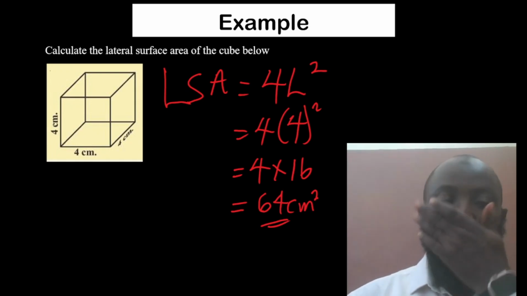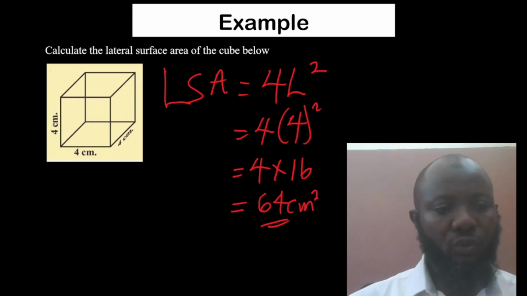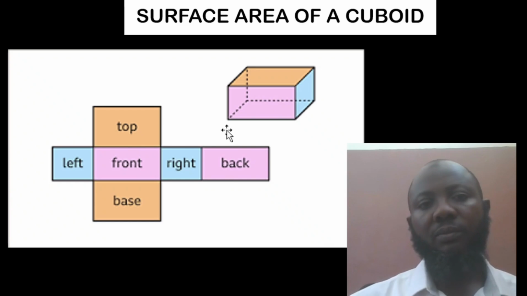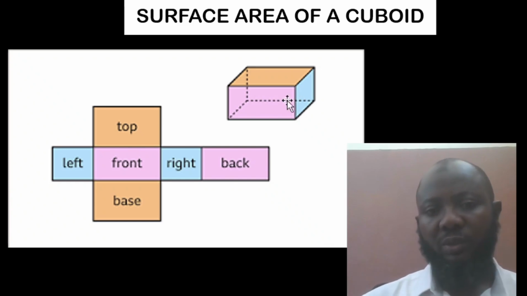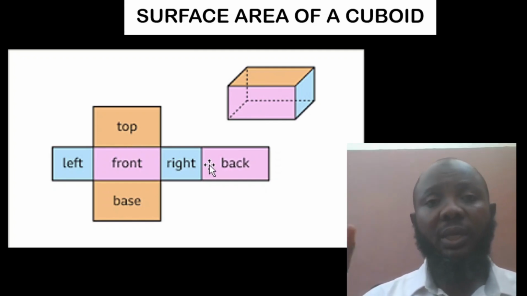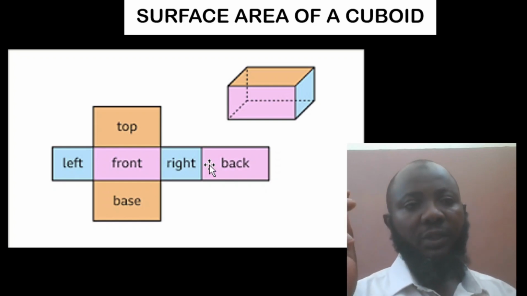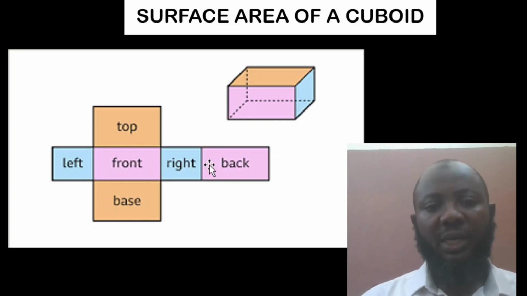All right, the next stage is to move to the cuboid, another surface area, and that is the surface area of a cuboid. This is a cuboid here at the top. What you notice is that under a cuboid, the opposite faces are always equal, and each face is in the form of a rectangle.